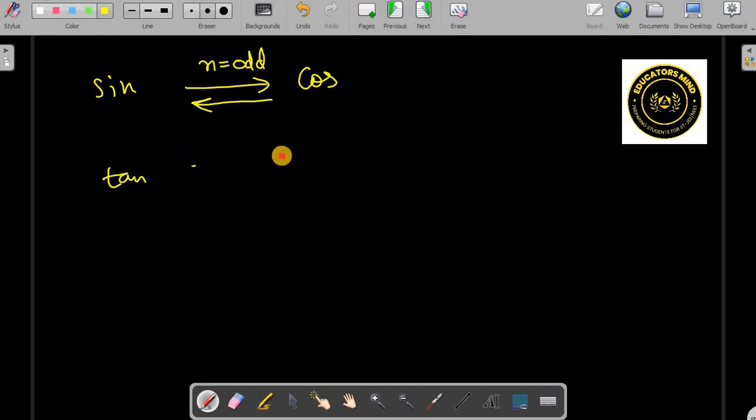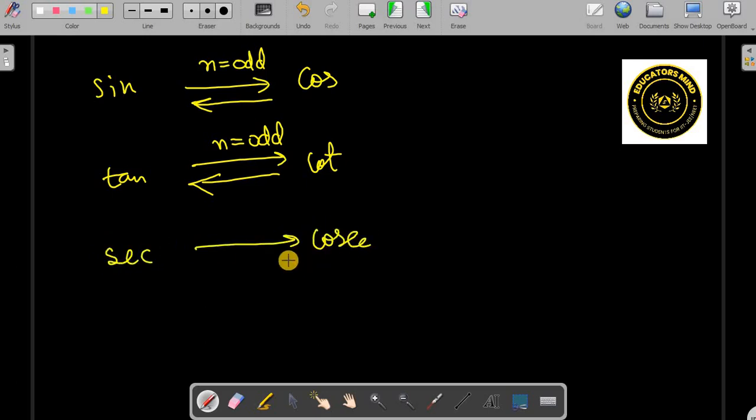Similarly, tan will convert into cot, and cot will also convert into tan. Conversion happens only for odd multiples. Similarly, secant will convert into cosecant, and cosecant will convert into secant if n is odd. So this rule is a very important rule. Not only that, we can find various other angles also.